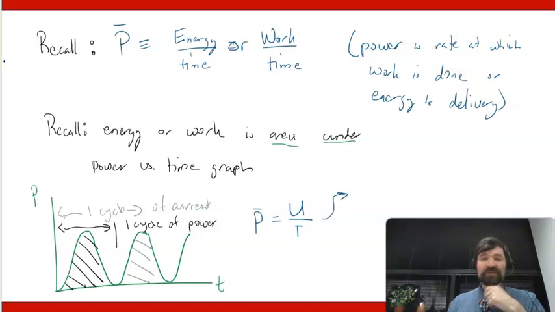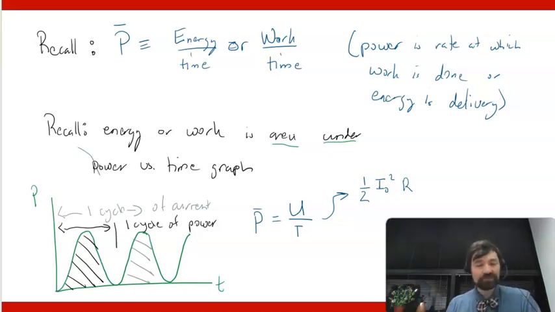And what we end up getting is, as it turns out, a value of 1/2 of the maximum current squared times the resistance. Okay, so that's our average power.